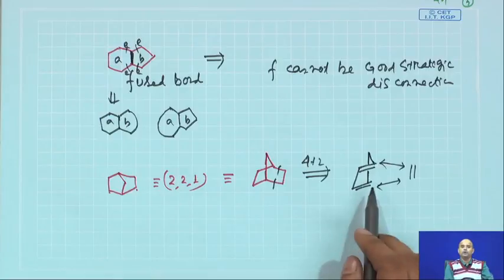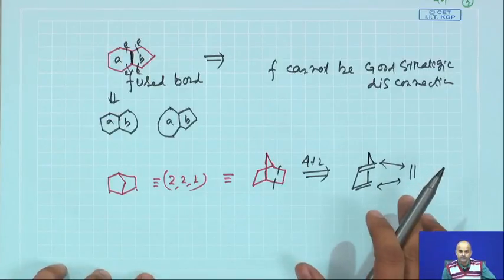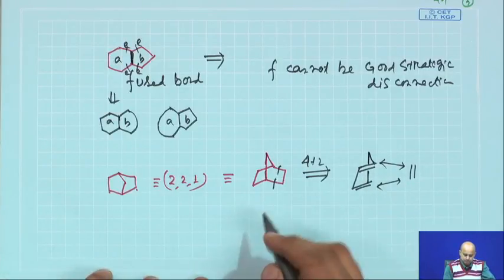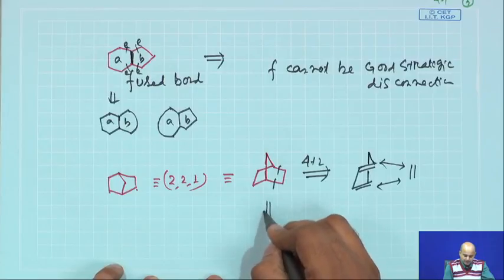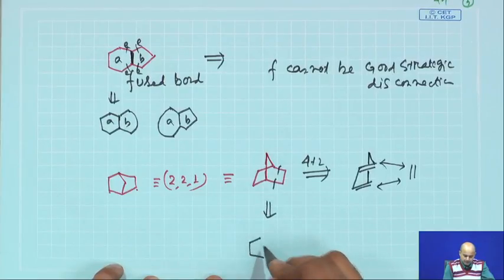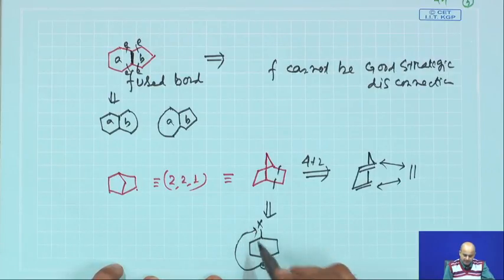So, I said a bridged bond cannot be disconnected. You can have another disconnection for this molecule: you keep the core cyclohexane and put a leaving group X here and a minus charge here. This minus can attack here to give you a bridge structure.